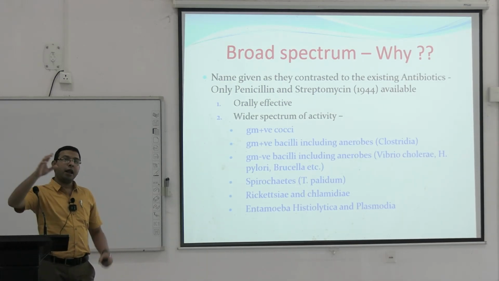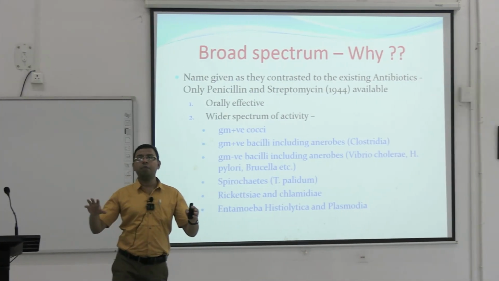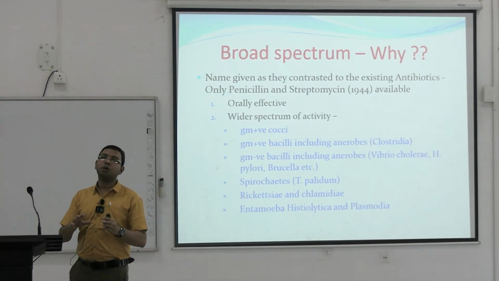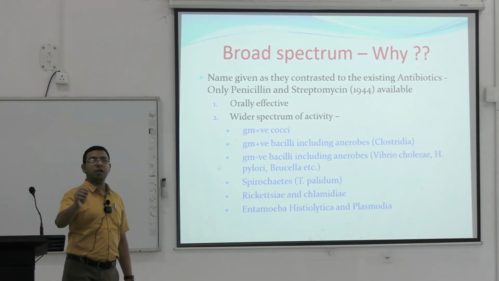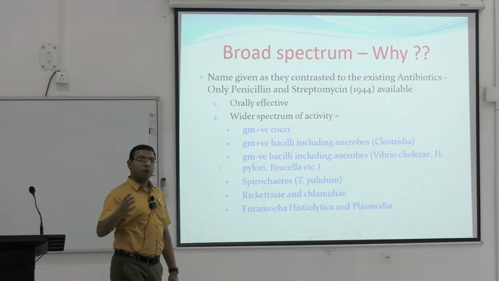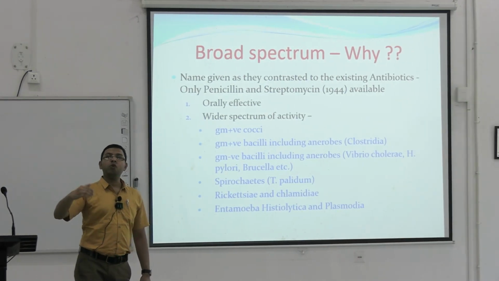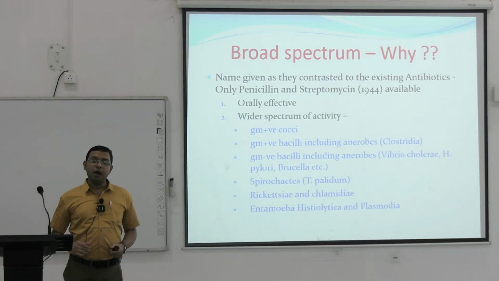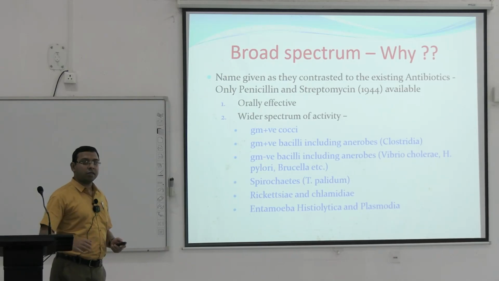So at that time in the 1940s, 50s, there are different types of infections where we cannot speculatively distinguish between whether this is caused by a gram positive or gram negative organism, and then these tetracyclines or other broad spectrum antibiotics came, which we can use and the patient can be healed. So then the term broad spectrum antibiotics came.